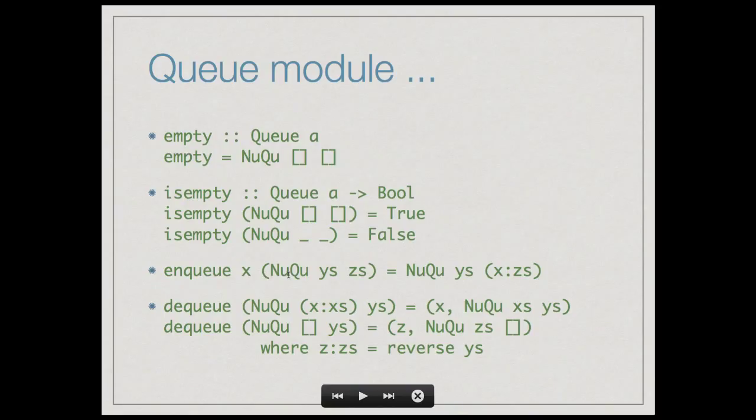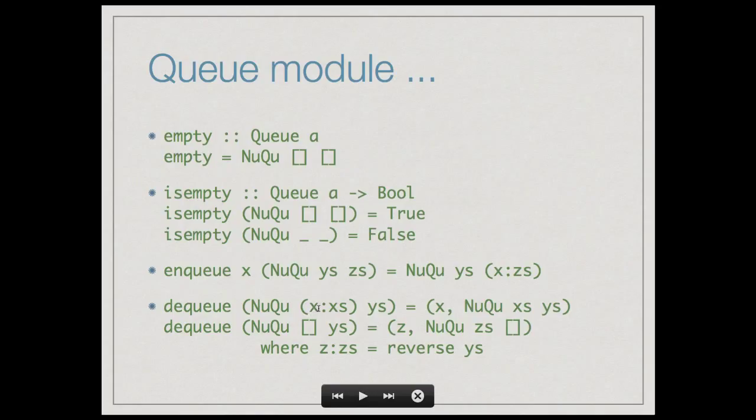Enqueue X of new Q, Y's and Z's is new Q, Y's, X colon Z's. Recall that we add X to the head of the second list. Dequeue of new Q, X colon X's and Y's is nothing but X, comma, new Q of X's and Y's.